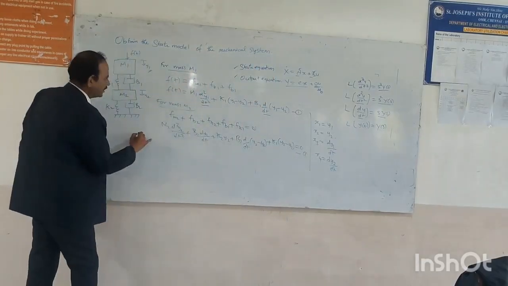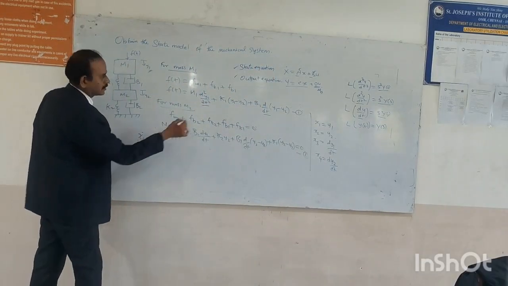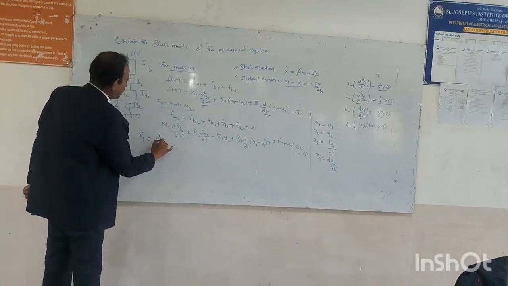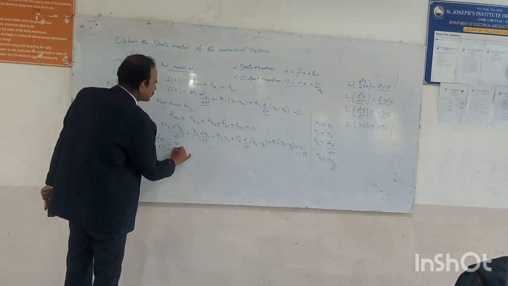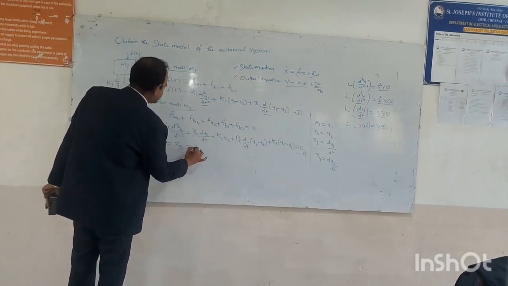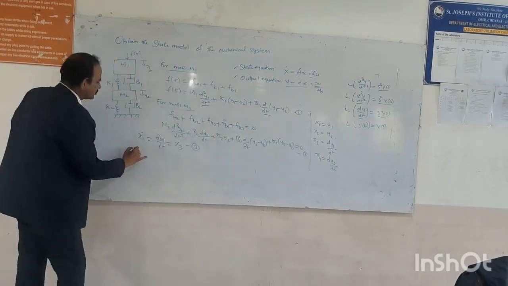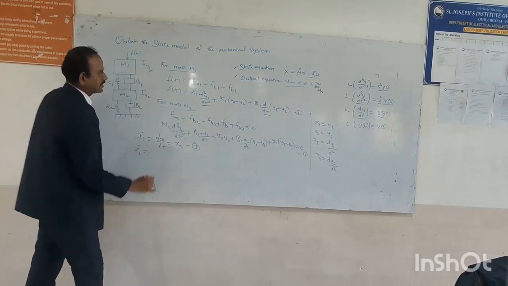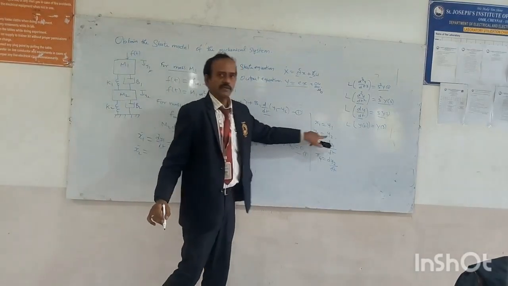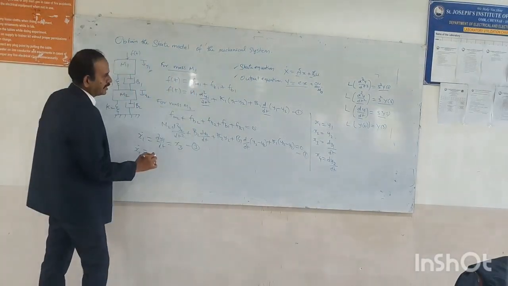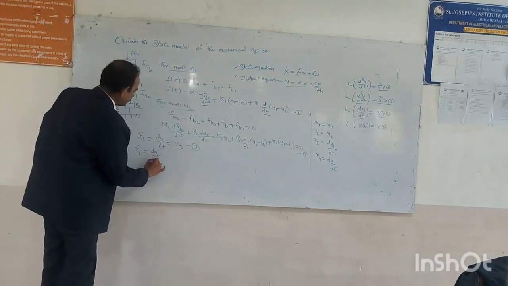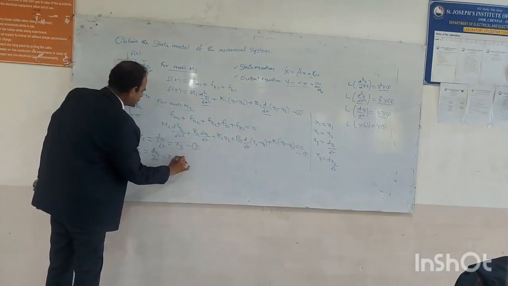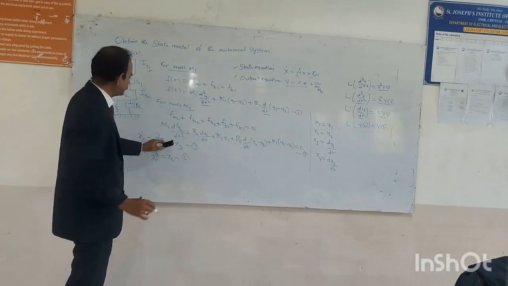So x1 dot equals x3. Make this equation 3. Next, x2 is y2, so x2 dot is dy2 by dt, nothing but x4. Make this equation 4. So we got 3 and 4 easily.